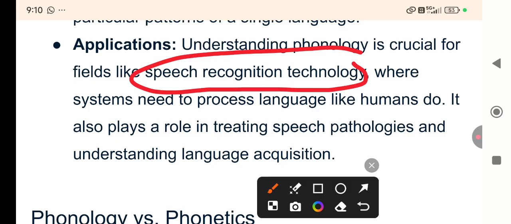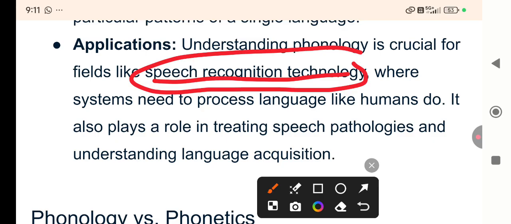Suppose I do WhatsApp and I'm sending you a message, then instead of typing I would speak, and my phone, like that software, will receive the sound and then type it accordingly. So that is just like a human, right? That machine is very important. That is speech recognition technology, right?